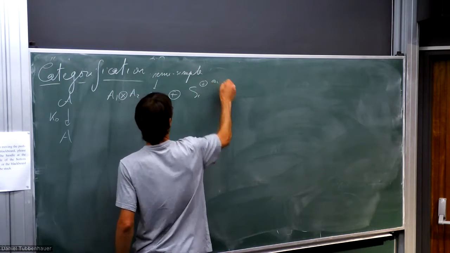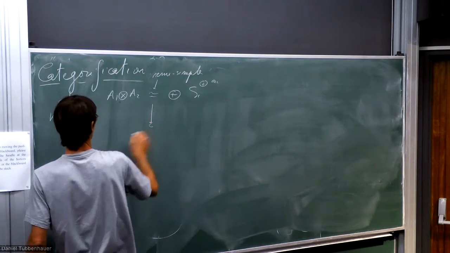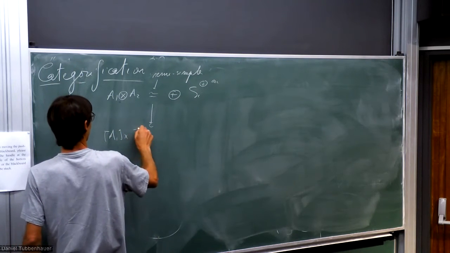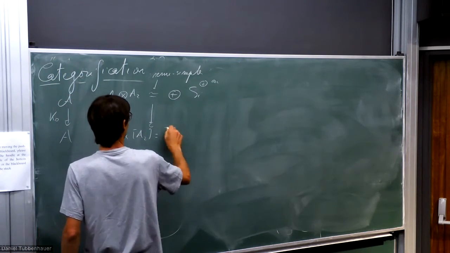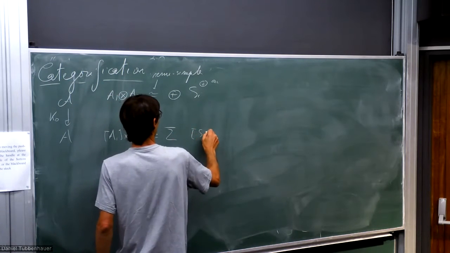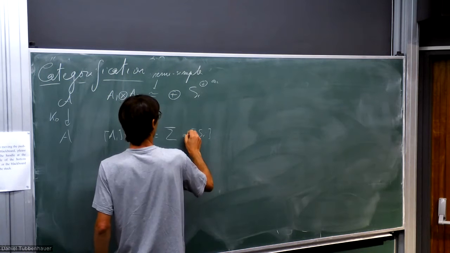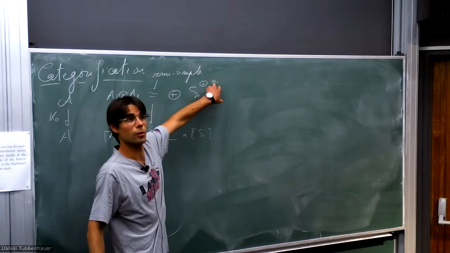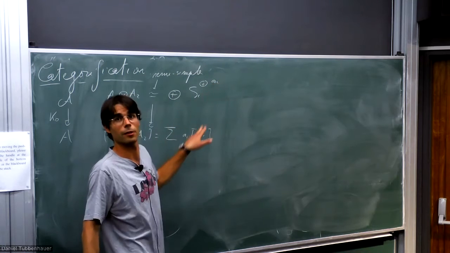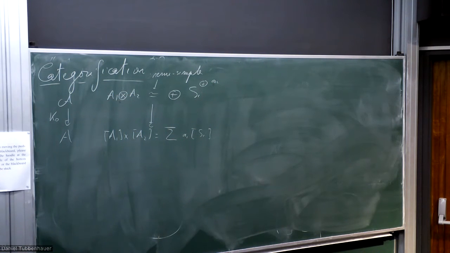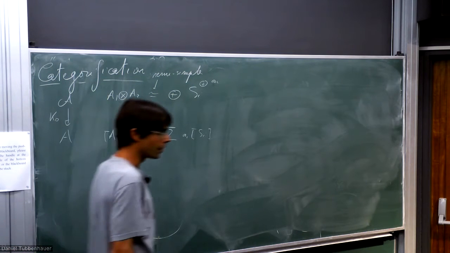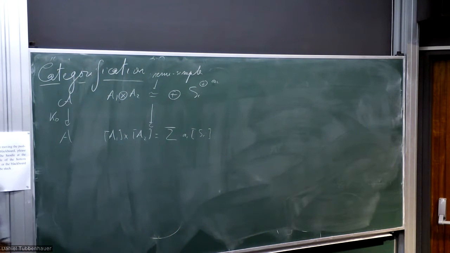And when you go down to the Grothendieck group, you get that A1 times A2 is a sum of A_i, and because this is supposed to be dimensions, it cannot be negative. So the hope is that using categorification, you might get something about positivity for the algebra. It doesn't work that easily, but that's the idea.